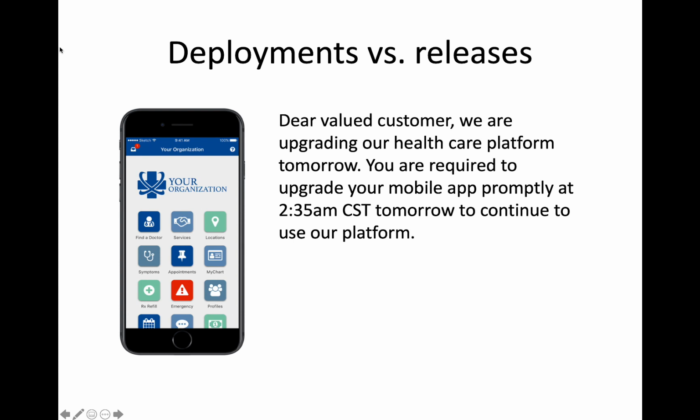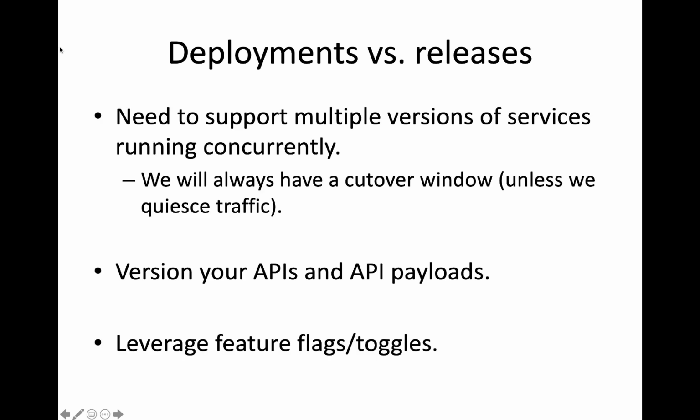They never would have been able to successfully scale because customers just wouldn't put up with that sort of inconvenience. And if you have a healthcare platform that maybe is supporting the health and care of patients, you would never want to put your customers in this sort of situation. And so that's why we want to be able to decouple our software deployments from our software releases.